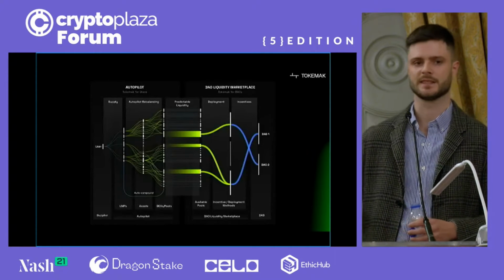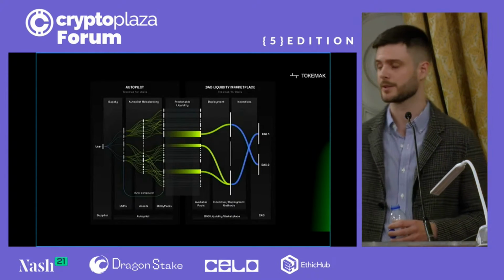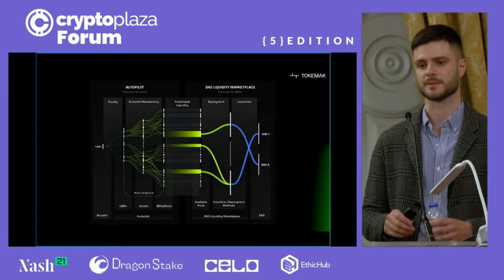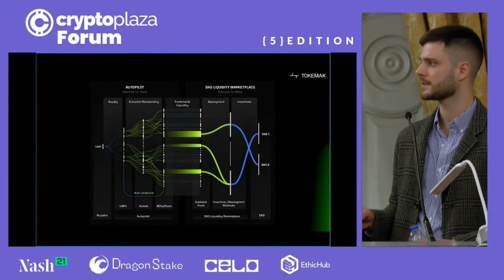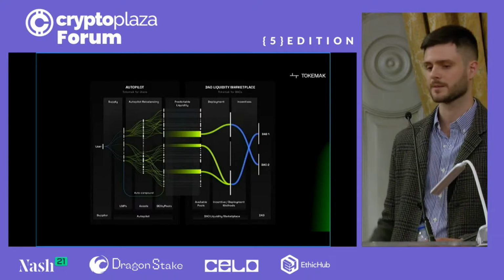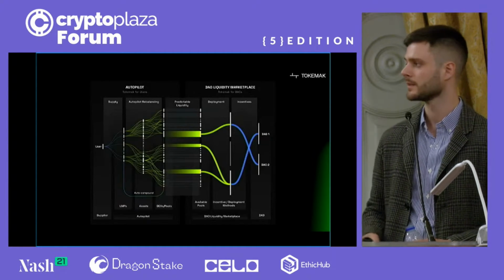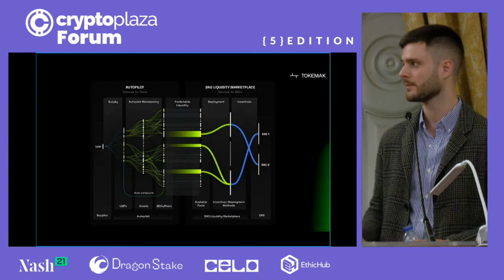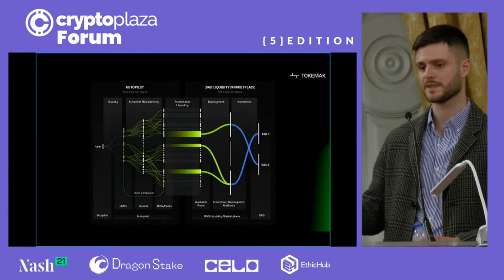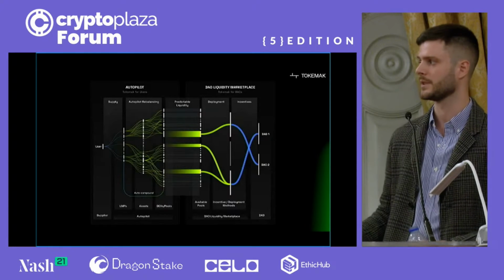So this is just a diagram, a visual illustration of the overall system. The left-hand side shows you autopilot, and the life cycle of an autopilot user starts with the user depositing funds. As I mentioned at the start, the user can deposit ETH into the system. This ETH is going to be deposited into one of the various LMPs.